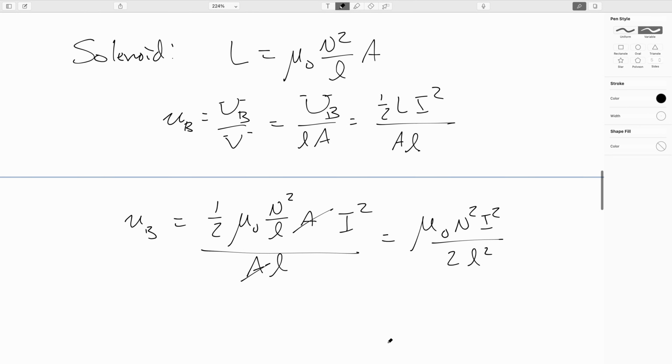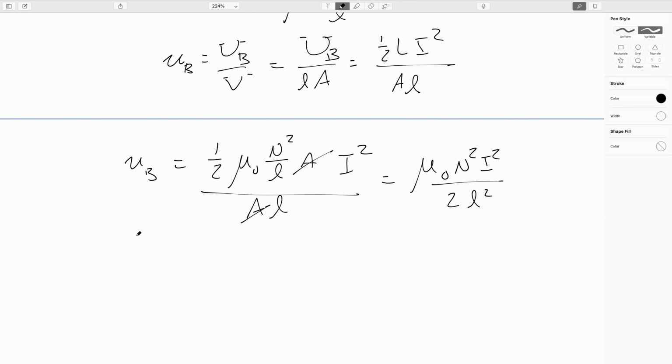But you'll also remember that we found that for a solenoid, the magnetic field strength was mu naught n over L times I. Well, here I've got an n squared, an I squared, and an L squared, so that would be like a B squared, except I've only got one power of mu naught. So that means that all this stuff here, except for the 2 and the mu naught, is B over mu naught.